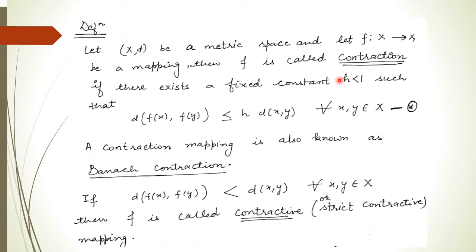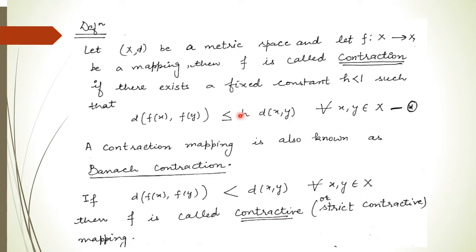This is any fixed constant whose value is less than 1 such that the distance of fx and fy is less than or equal to h times the distance of x and y, where x and y are members of X. So this inequality is true for every x, y belonging to X and for h less than 1.